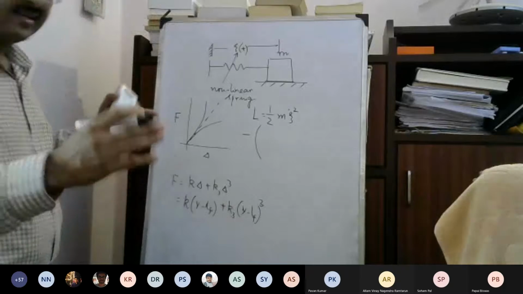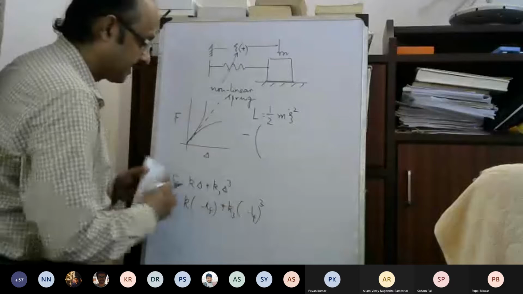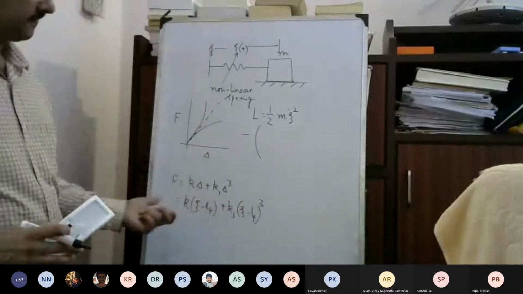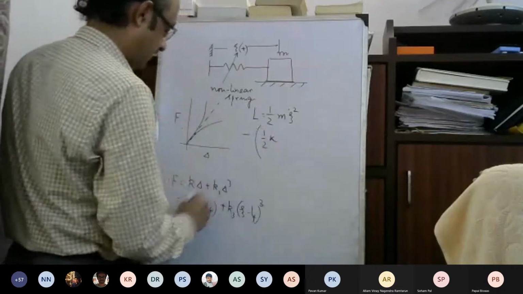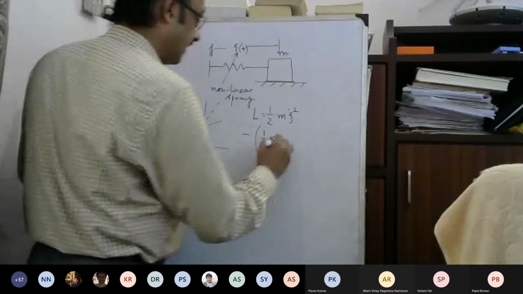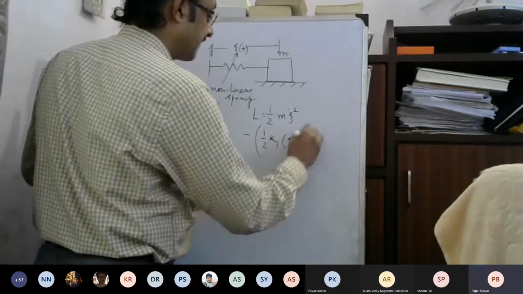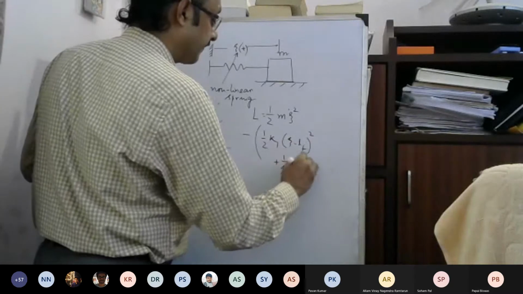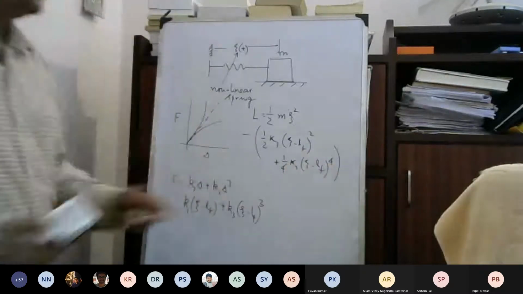Sorry, not y, zeta. So this is the stretch, zeta minus Lf. Okay, so this will be equal to half K1 zeta minus Lf squared plus 1/4 K3 zeta minus Lf to the power 4.